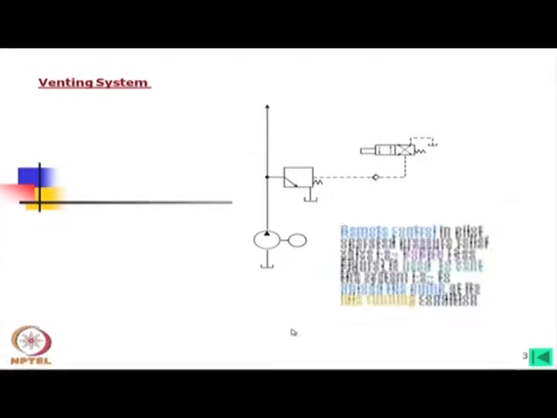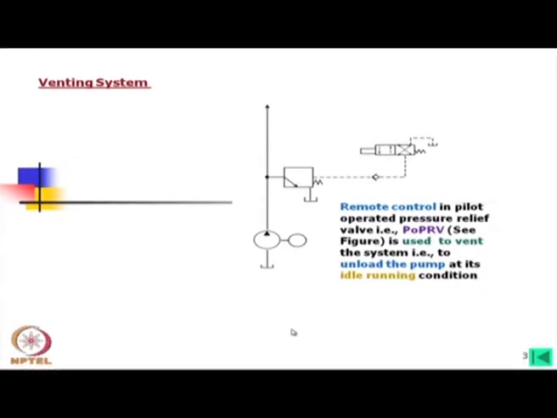What I have shown here is a circuit; from the symbols we know this is a pressure relief valve. Now, this pressure relief valve can be operated remotely by allowing a flow through this valve, and then the flow to the main system will bypass to the tank.